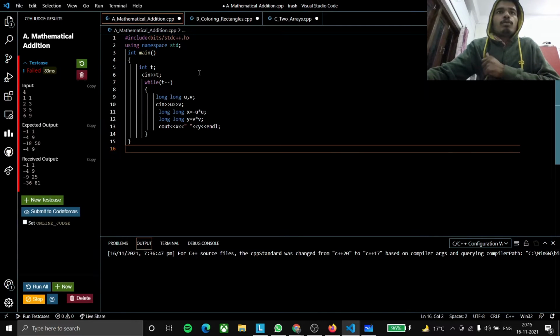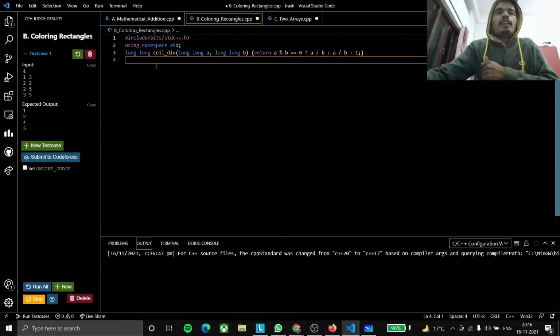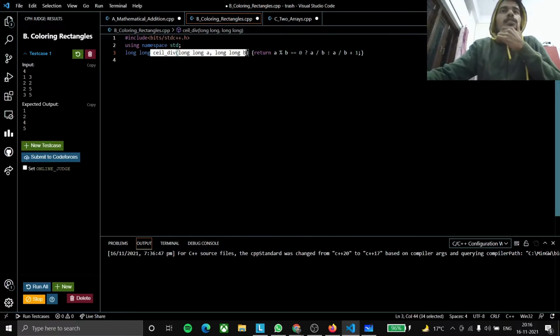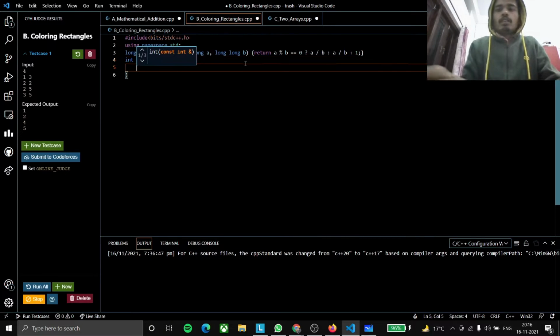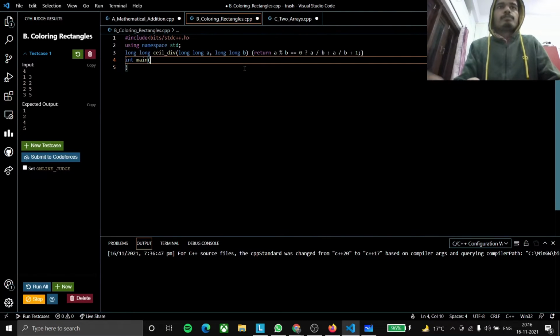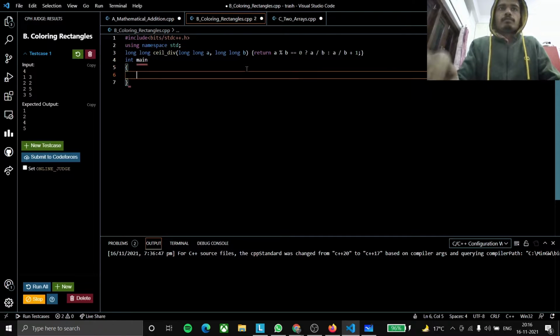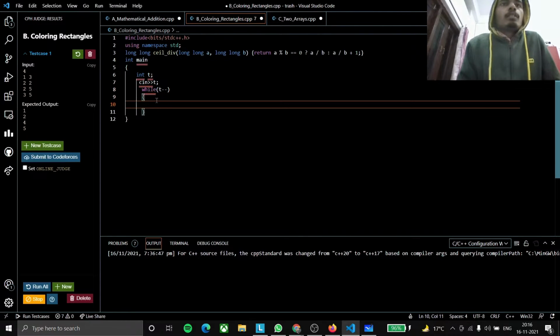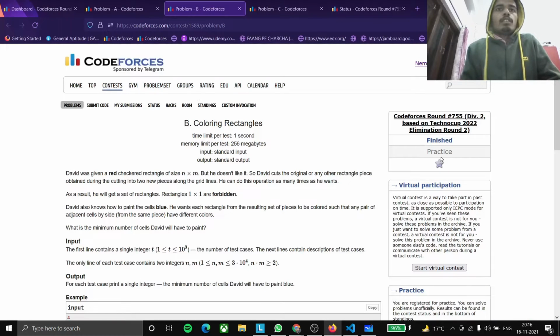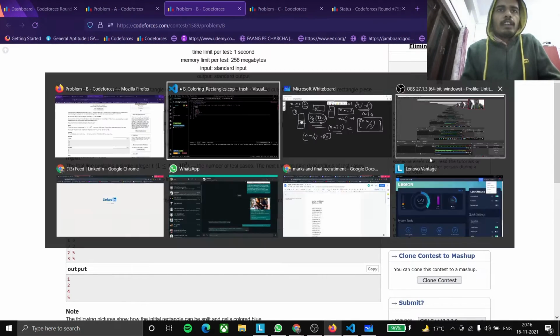Now I'll try to code it here. So basically I had pre-written this ceil division function, and we just have to call this function and get our answer. So just take input. Now what we have to do is take n and m.